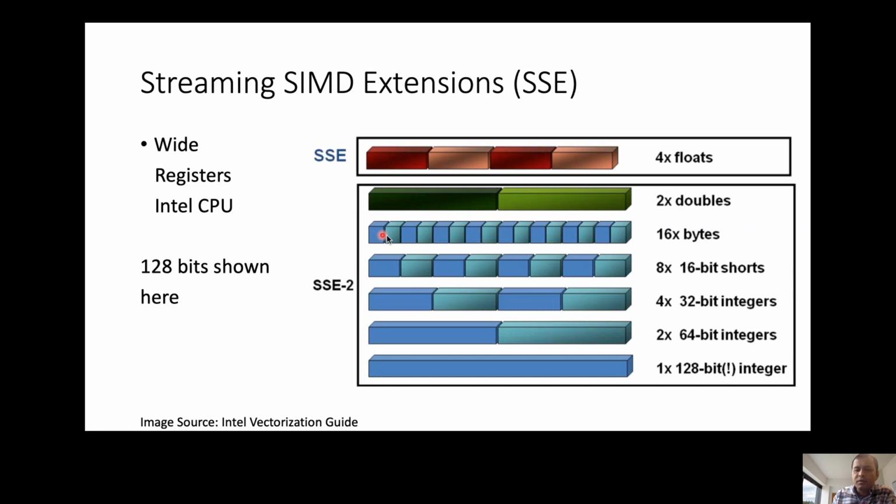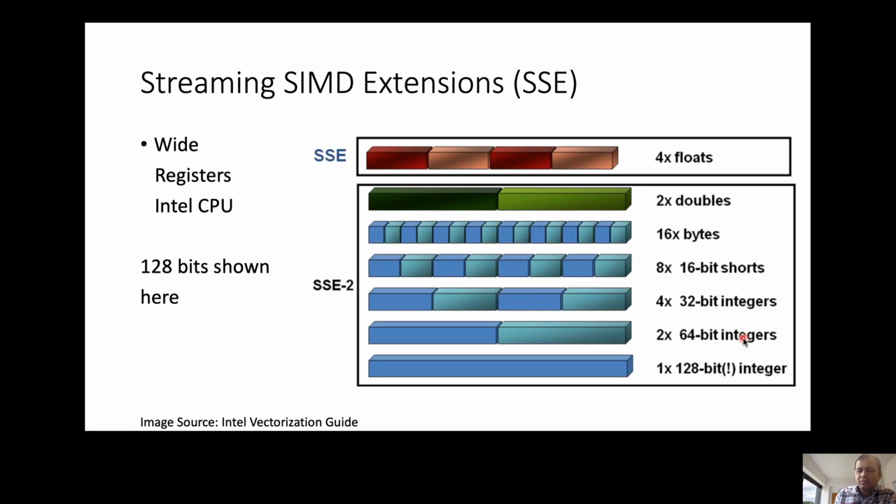So that's what the 16 small cubes are showing. And if you multiply 16 times 8, you will get 128 bits. So the 128 bits available in the register can be used to store different data types like double or byte, short integers, 32-bit integers. So you can store 4 integers in 128 bits. That's what is shown here.